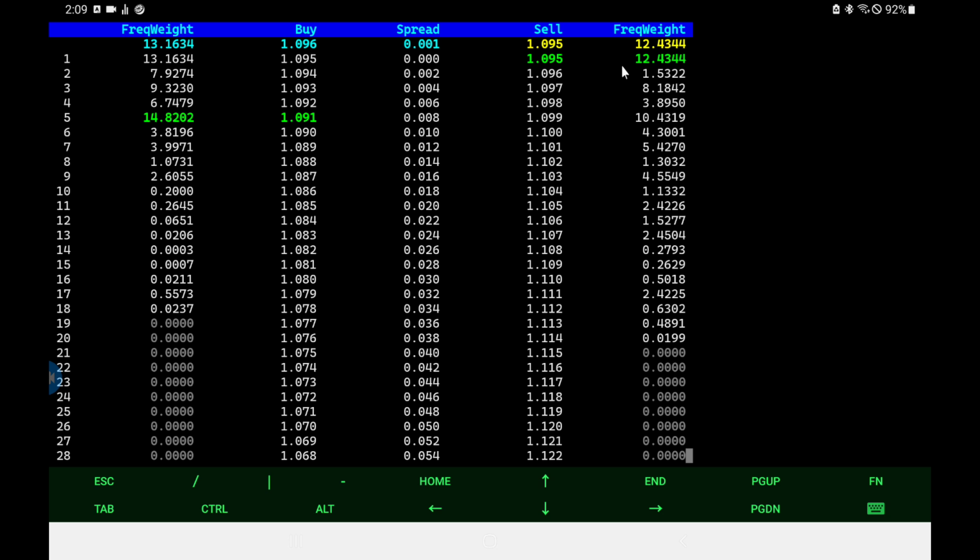And we can see that right now, the order book shows the resistance level at 12% of the entire order book, based upon counting prices and actual order book volume. Whereas right now the buy side is 14% of the order book of where people want price to be versus where price actually is.